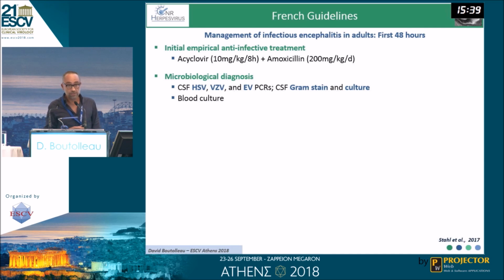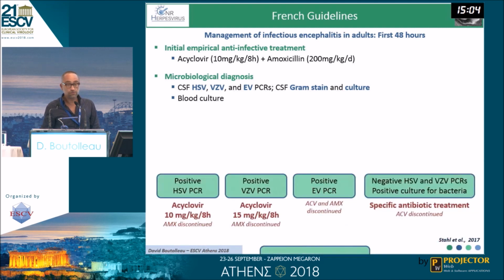Within the first 2 days of hospitalization, an initial anti-infective treatment has to be proposed to the patients, consisting of acyclovir to treat possible HSV or VZV infection, and amoxicillin for Listeria. During these 2 days, the microbiological diagnosis has to be performed, especially HSV, VZV, and enterovirus PCR on the CSF, but also the Gram stain and culture on the CSF, and the blood culture.